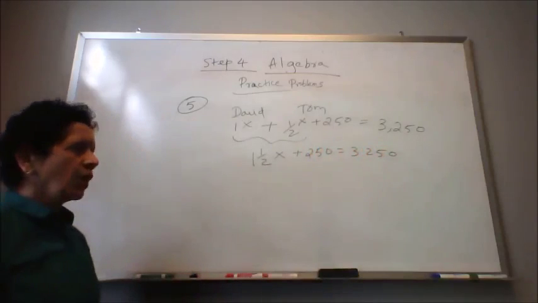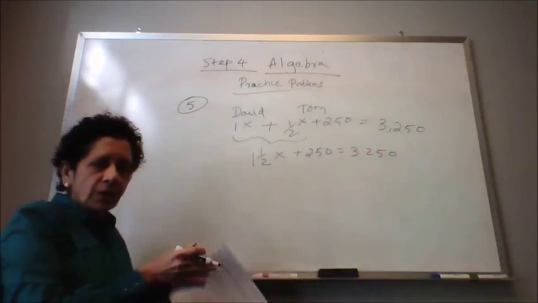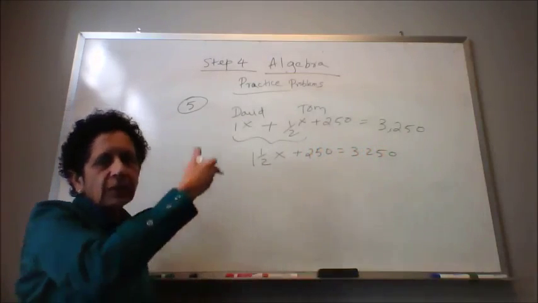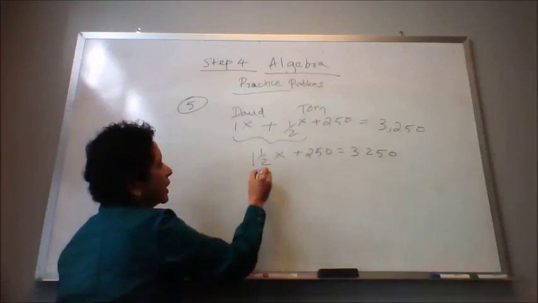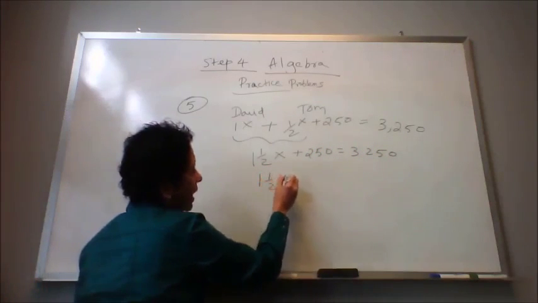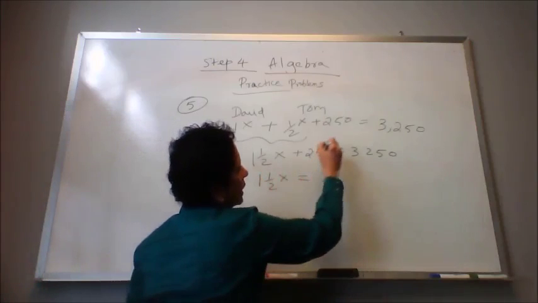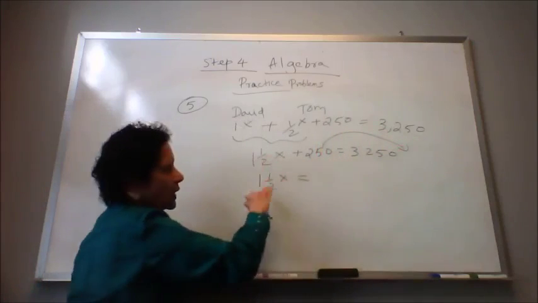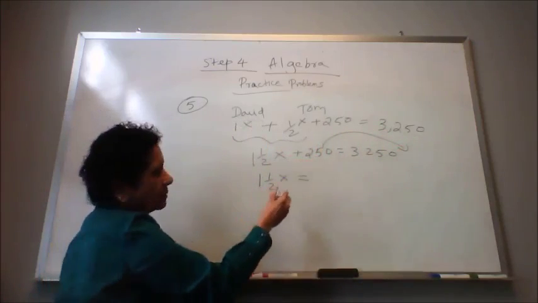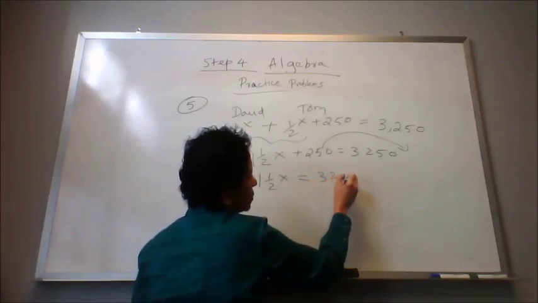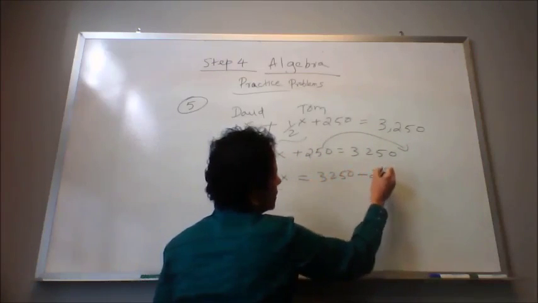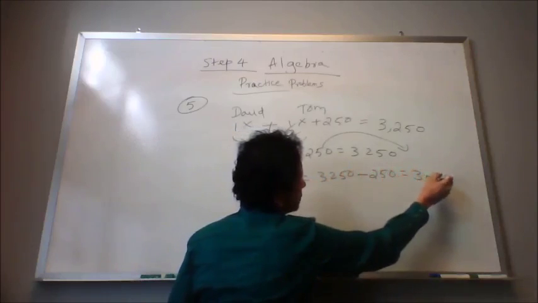So we know how to solve this equation. We keep all the letters, X, on one side, numbers on the other side. On the left-hand side, I have 1 and 1/2 X. And then I have to move this to the other side. When I change the side, I change the sign, right? So 3,250 minus 250, so that is $3,000.